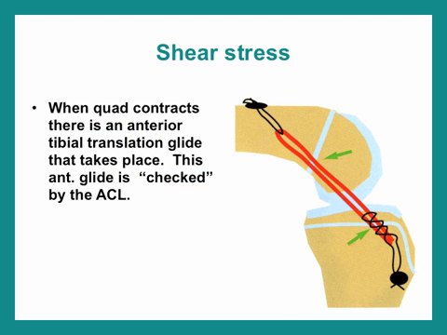Another concept that's helpful to understand when we're talking specifically about ACL injuries is this concept of shear stress. Shear stress is the stress that takes place between the femur and the tibia.